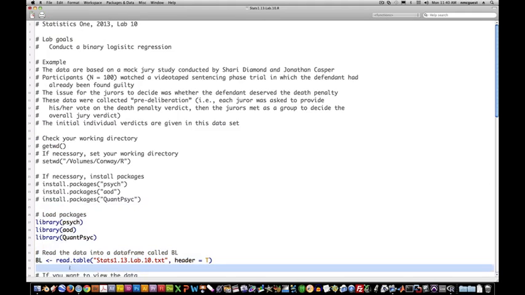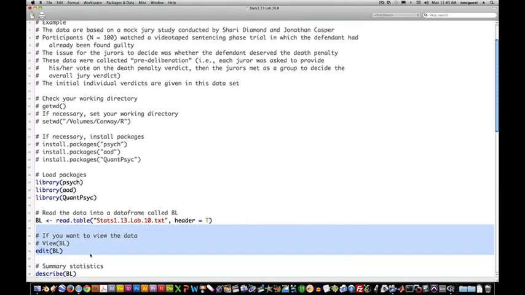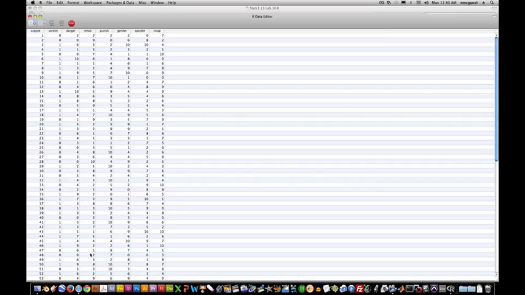If we want to look at the data, let me give you a glimpse. I'll use the edit function. Here's what the data look like. We're trying to predict whether jurors will vote for the death penalty or not. This is actually a hot topic of research in psychology and law, in the United States at least: what makes people think that this person deserves the death penalty?